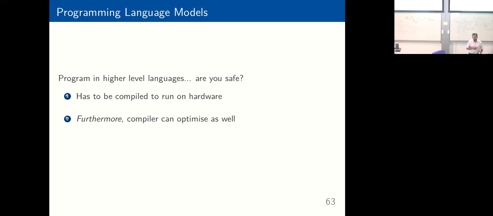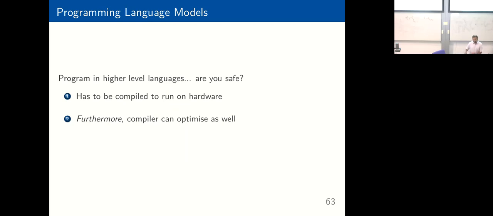For current purposes, C counts as a high-level language. Well, the answer is clearly no, right? Because C has to be compiled down. In fact, every language you write in has to be compiled down to run on exactly the same weak memory hardware that we are talking about.